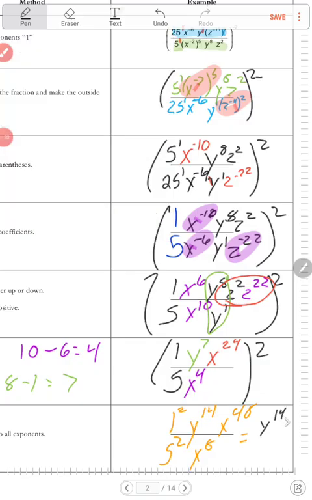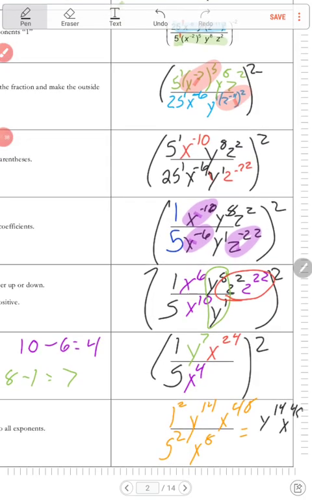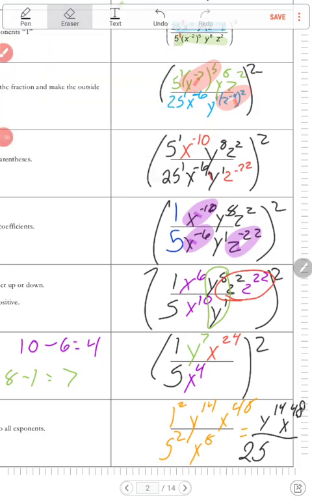y to the 14th, x to the 8th, z to the 48 over 25. Hold on, I used the wrong variable.